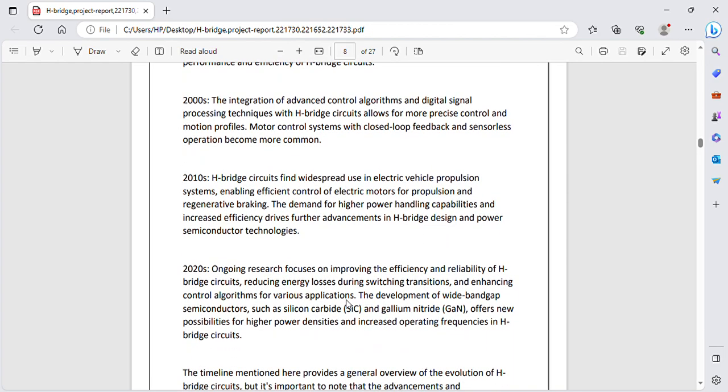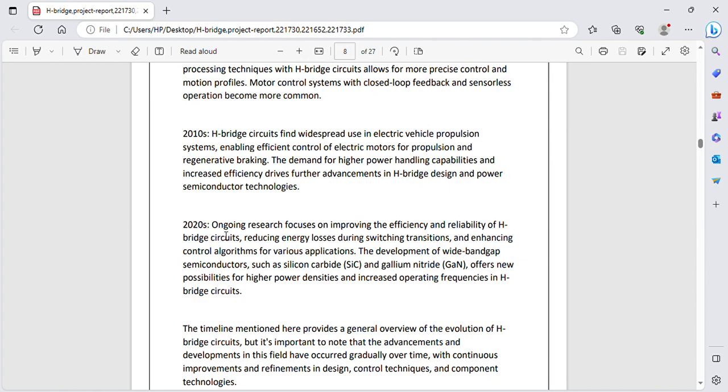In 2010, more applications were added and more developments were done. And in 2020, ongoing research focuses on improving the efficiency and reliability of H-bridge circuits, reducing energy losses during switching transitions and enhancing control algorithms for various applications.